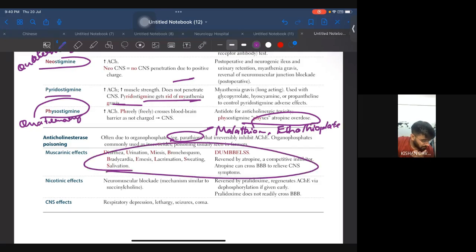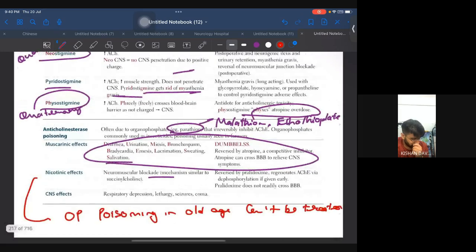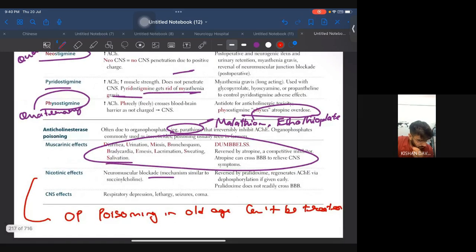Nicotinic effects may occur. But one important point I want to tell you, OP poisoning in old age can't be treated. So always look at the age. All right, that's it for OP poisoning.